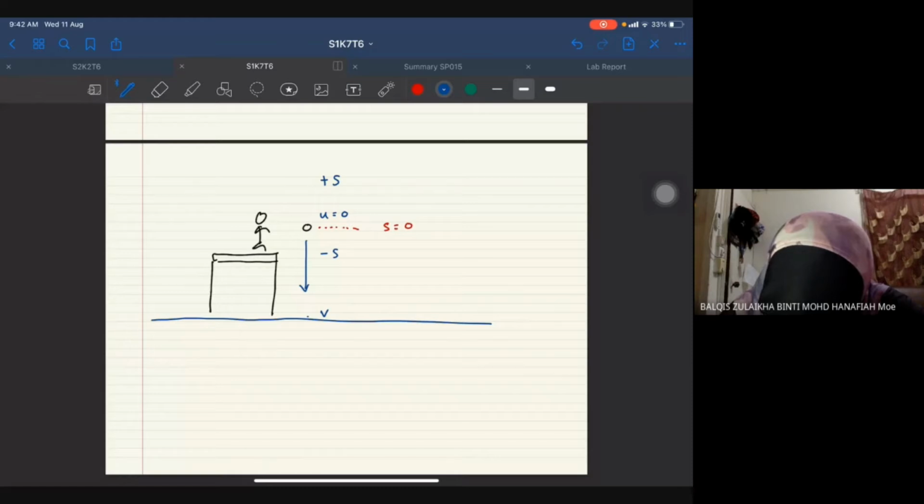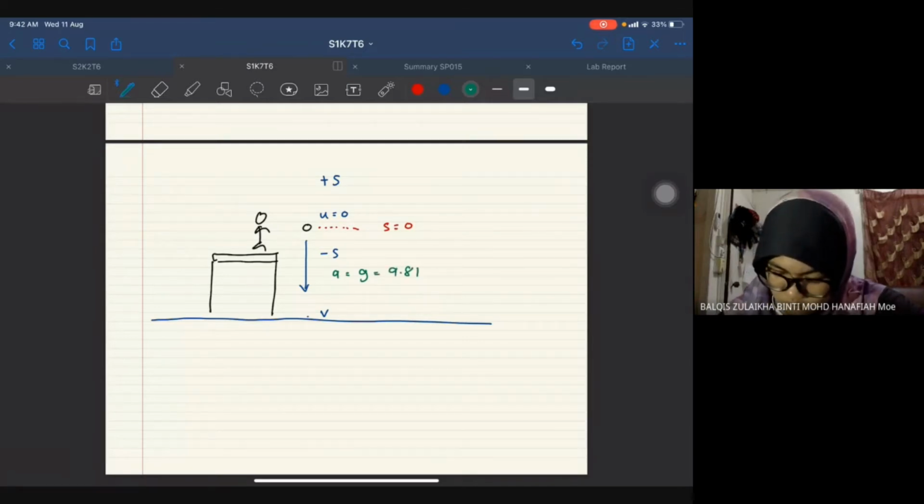It won't be stated, you have to substitute yourself. And the key thing for free fall is that you will always have the G, which is actually your A. A is equal to G, which is 9.81. Negative, because it is pointing downwards.